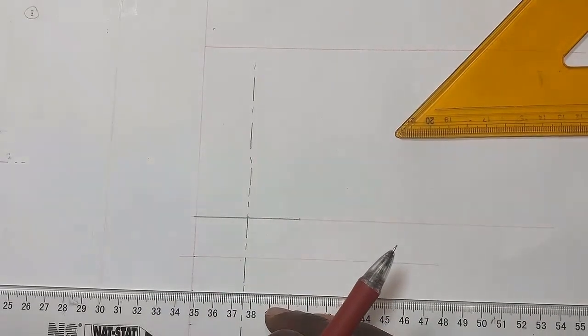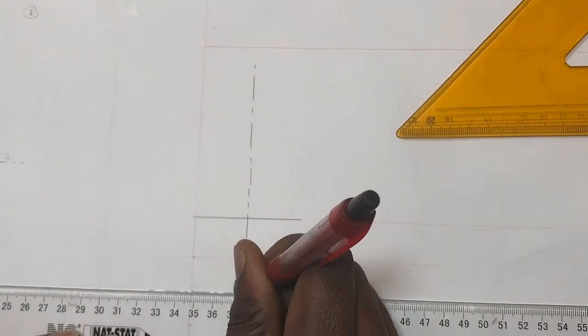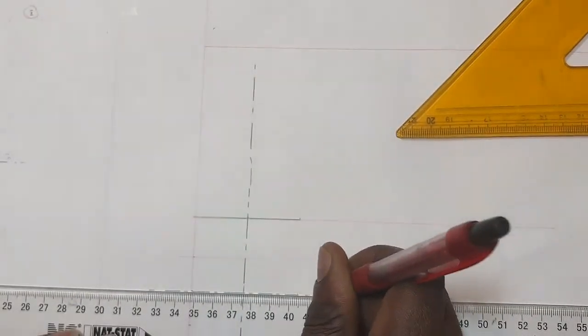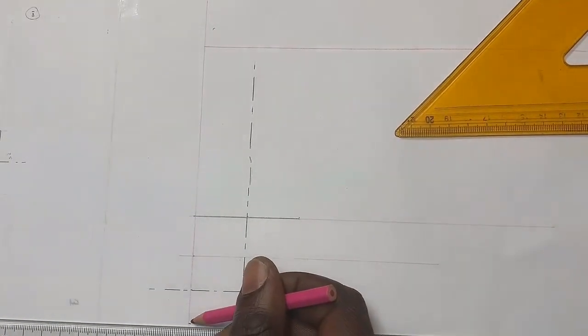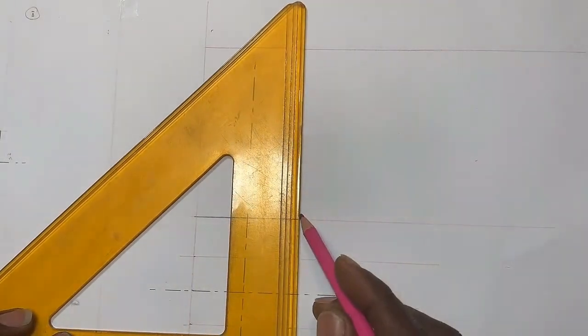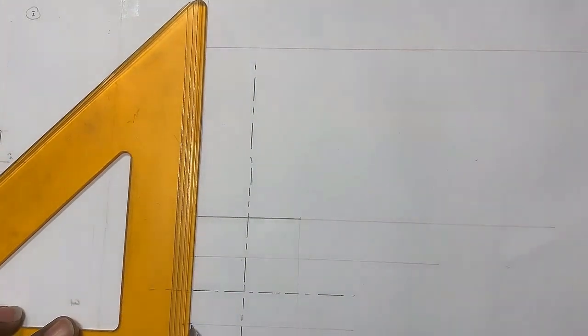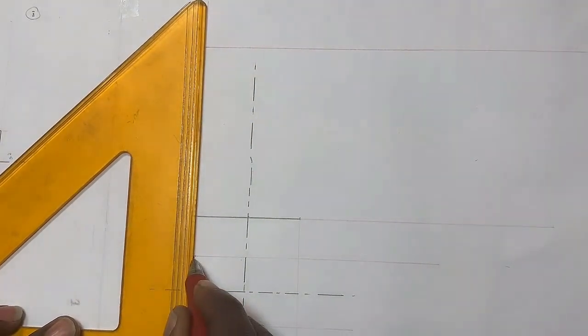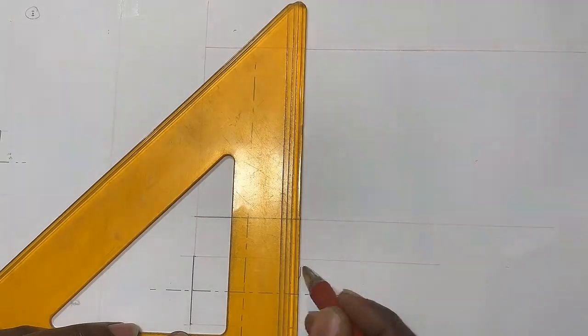Then after that, I can have the horizontal constructional line. Then center line, I can have horizontal constructional line, this one. So that I can have this one solid from here till right there.